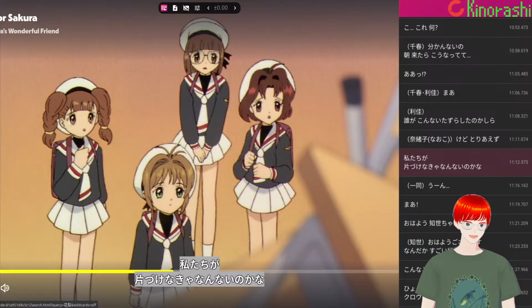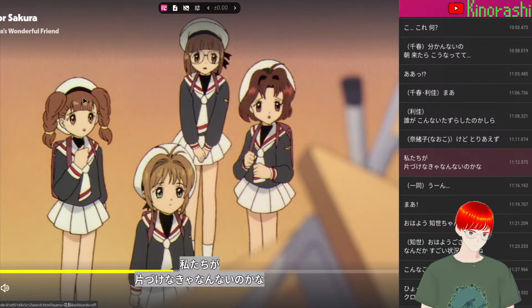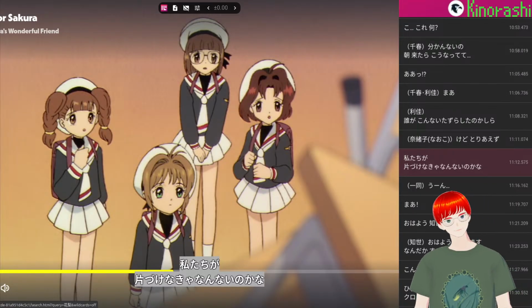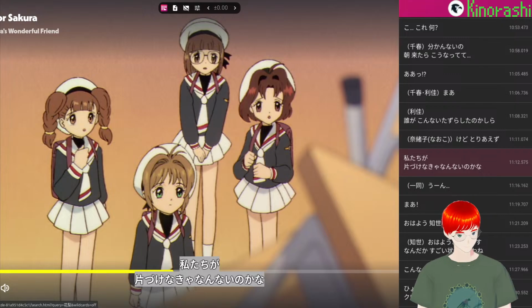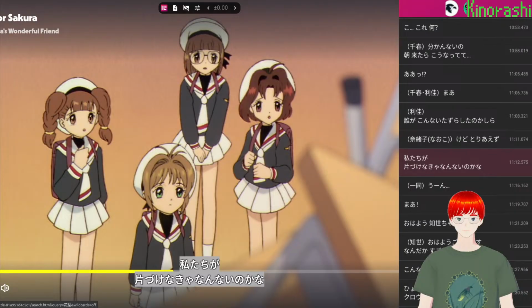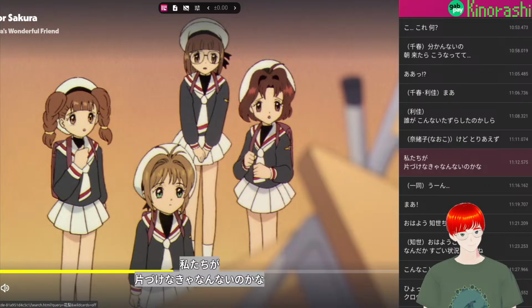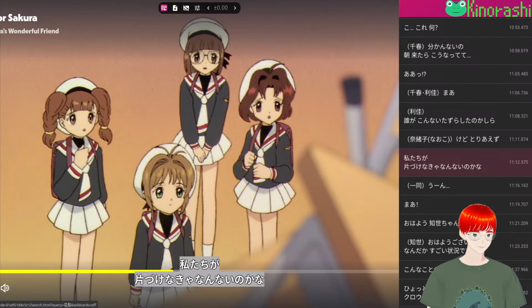Explain the grammar behind this. This is the negative conditional form of the verb katazukeru, to tidy up. It's constructed from the verb stem katazuke and the negative conditional nancha, a contraction of nakereba or nakereba wa. Nakereba means if not or without.